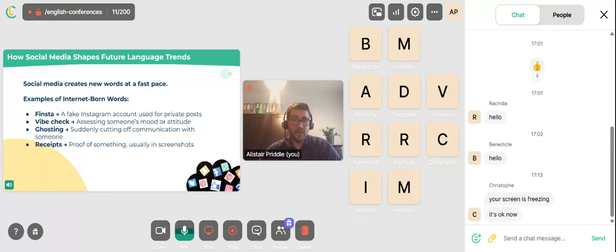And the last example there, receipts. Now, this is proof of something, usually in screenshots. Do you have your receipts? Do you have proof? So receipts, proof of something, usually in the form of screenshots.